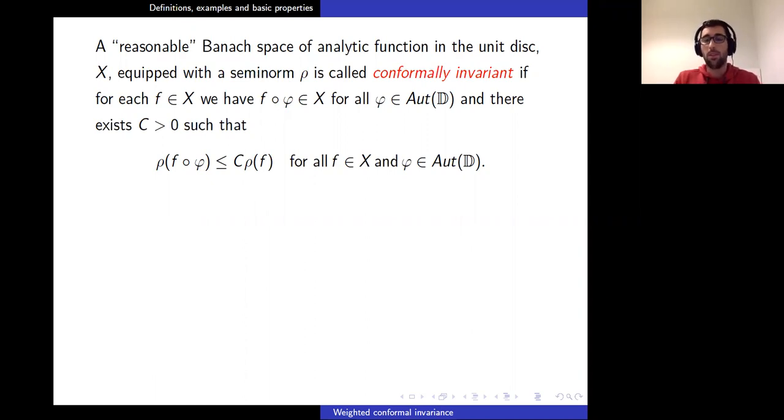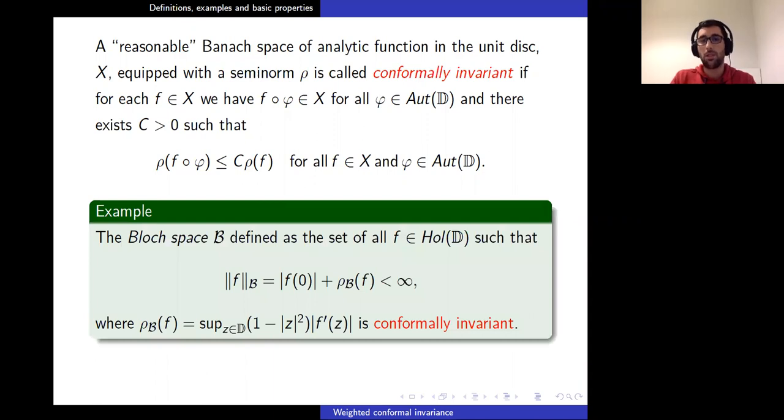Some examples of classical spaces of analytic functions in the unit disk that satisfy this property, for example, the Bloch space that consists of all analytic functions in the unit disk such that the supremum is finite. This Bloch space is conformally invariant. And moreover, this space plays a crucial role in the study of this classical conformal invariance property.